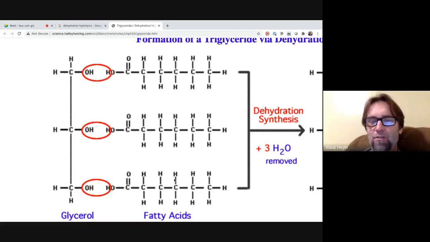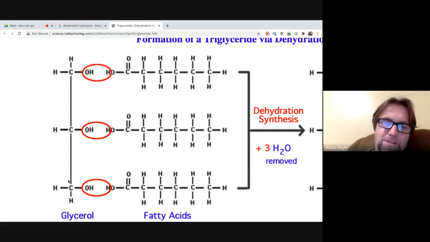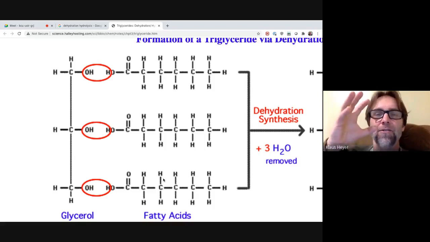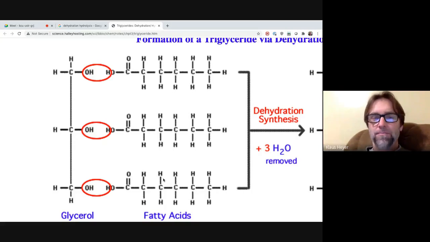So these are fatty acids. All 3 of these are fatty acids. I want to attach them to this molecule of glycerol. So we've got a total of 4 molecules: 1, 2, 3, 4. I want to put them all together and make one big molecule.